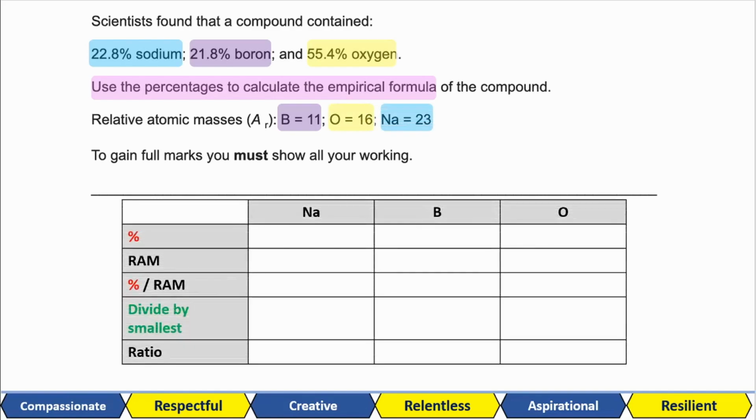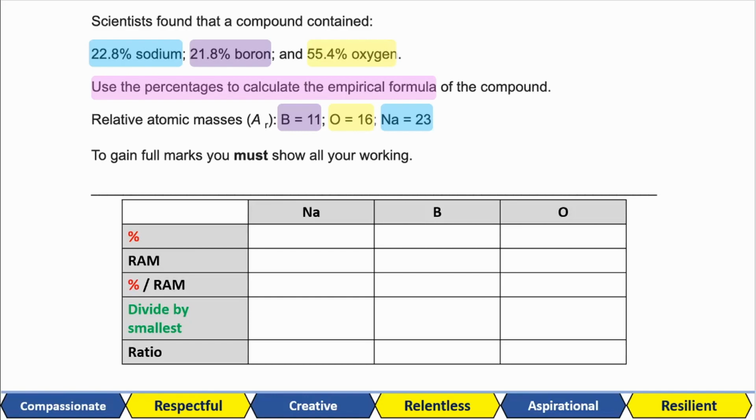Here is the structure I recommend that you should follow. First, you write out your elements on the same row. So you can see on the top row there, I've got sodium, boron, and oxygen. To save me time, I've just written the symbols. Then you write the corresponding percentages.